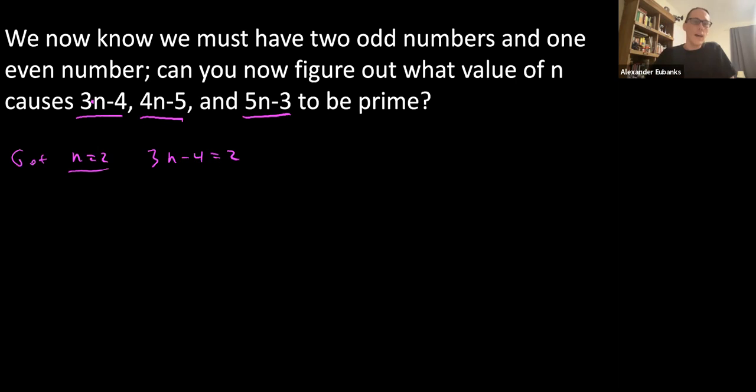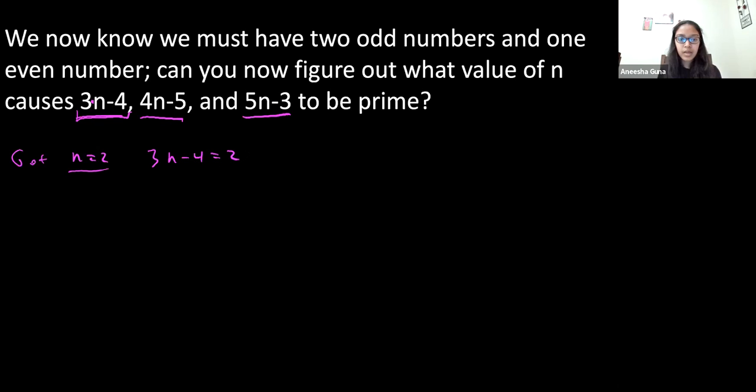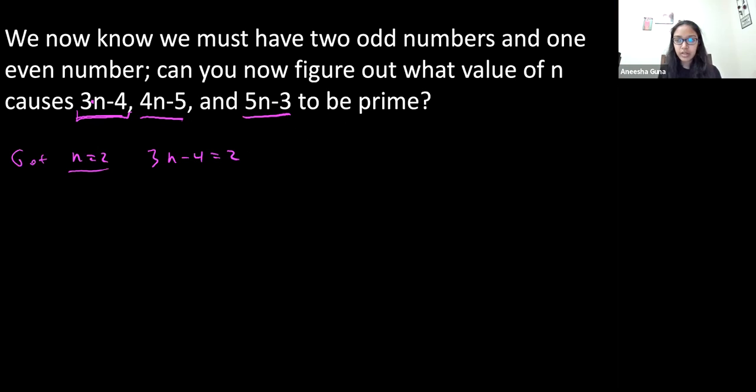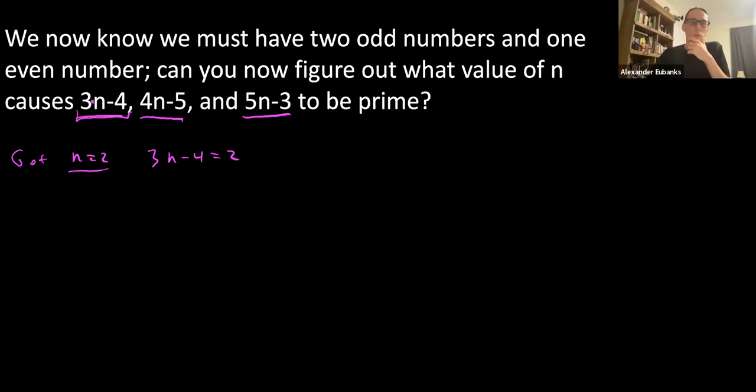Very good. Now, you said this one has to be even. Can you give me a reason why neither of these other ones can be even? Well, that's because they all subtract by an odd number. So it depends what the first number is. It could get to an even number or an odd number. Okay, cool.